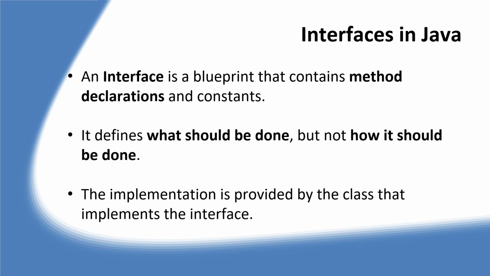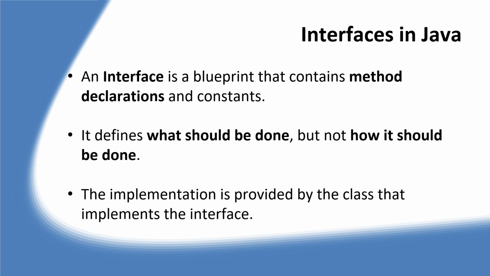So let's get started. So what is an interface? Think of an interface as a contract. It specifies which methods a class must implement. The interface only declares the methods. Only declares, not defines.